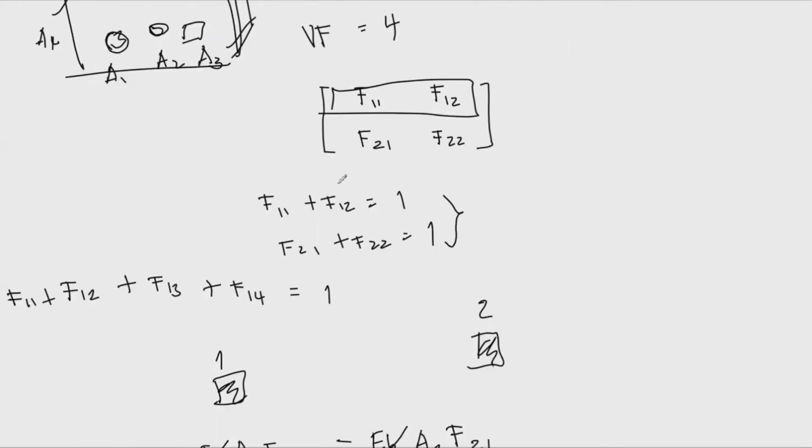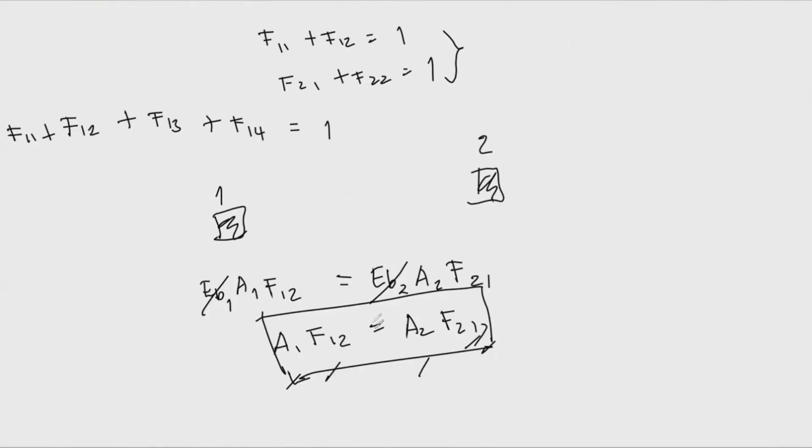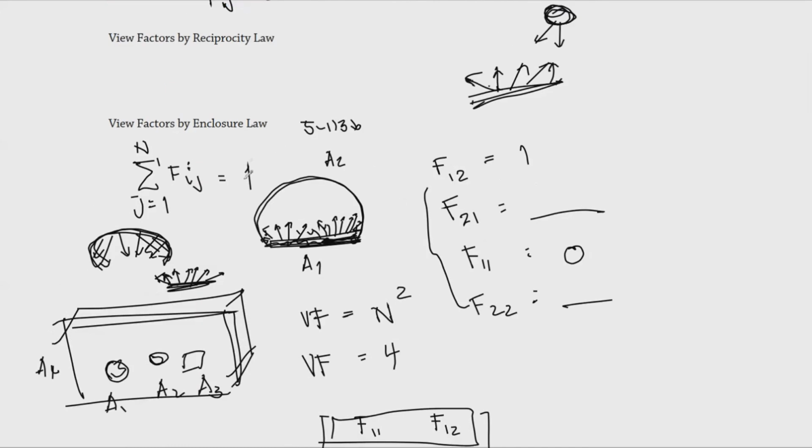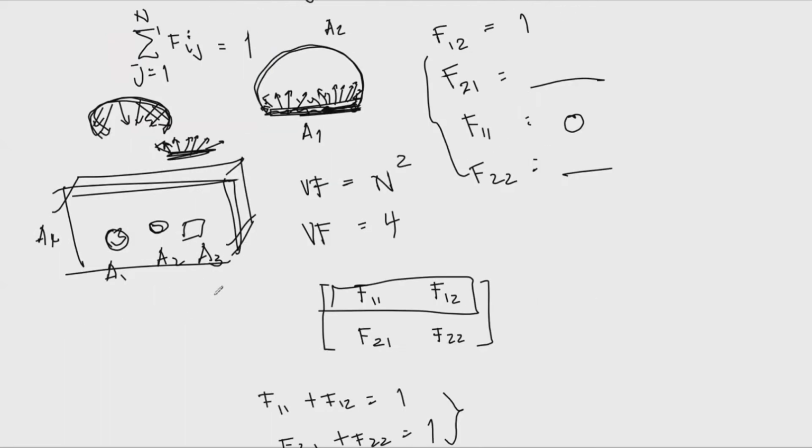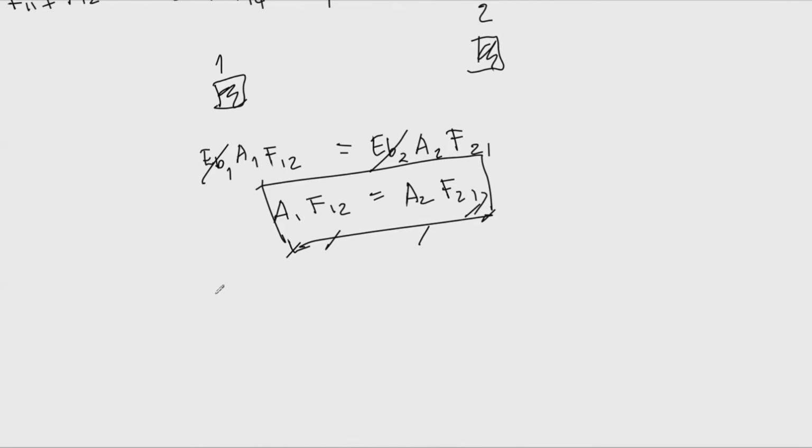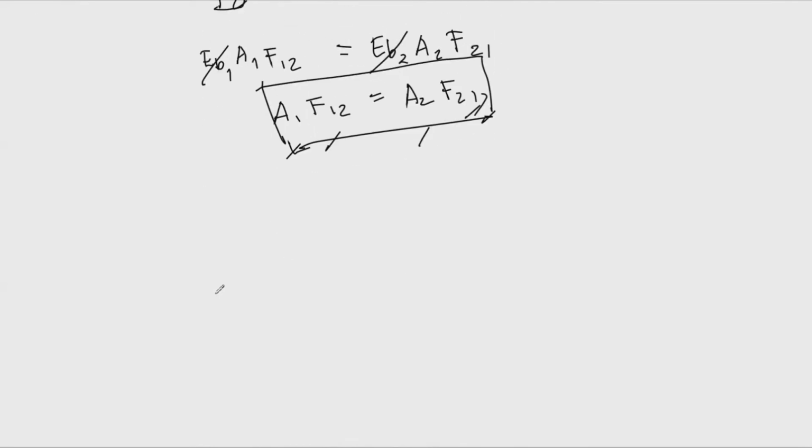The reciprocity law states that if you have two areas and these view factors for each, we could equate them. And finally, when there's an enclosure, the view factors of each of the surfaces to the other surfaces would add up to 1. So that's how it goes for our properties of radiation.